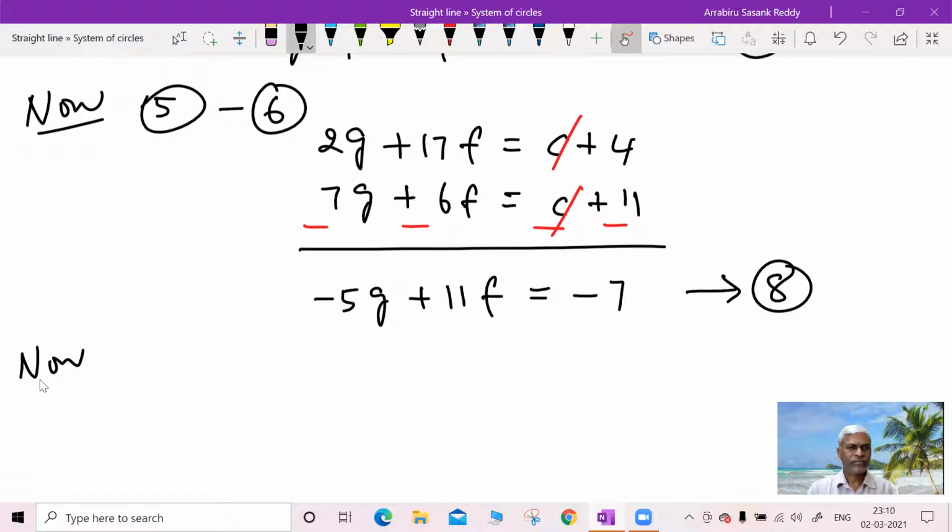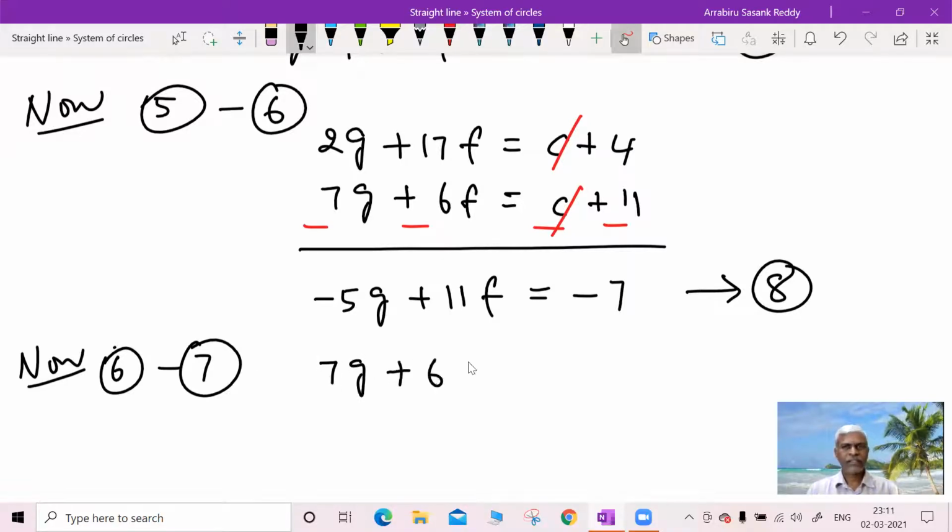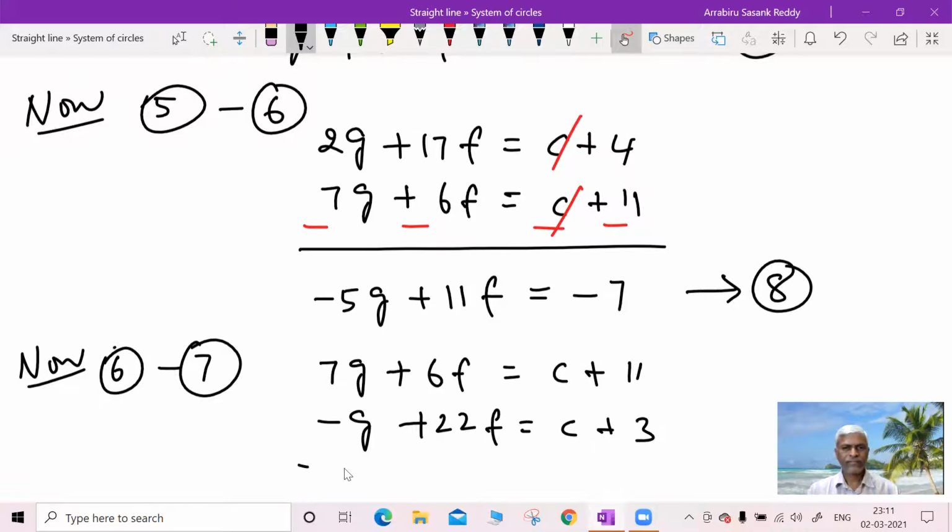Now C is eliminated. Let us do 6 minus 7. Sixth equation minus seventh equation. 7G plus 6F is equal to C plus 11, and seventh equation, minus G plus 22F is equal to C plus 3.